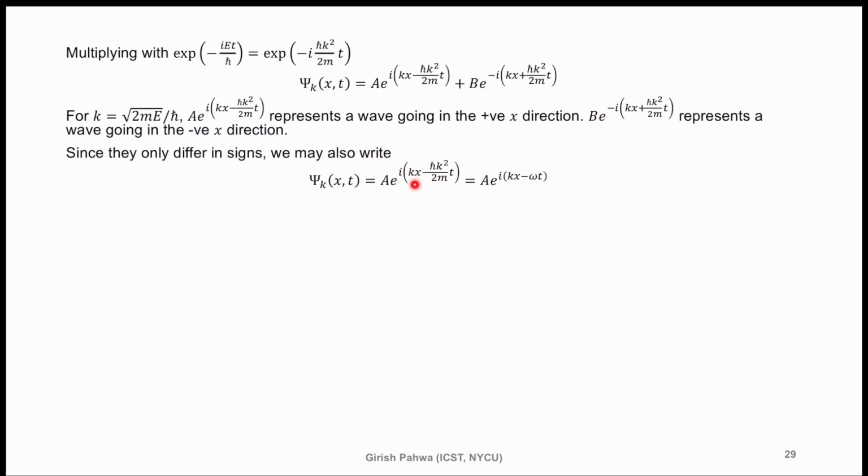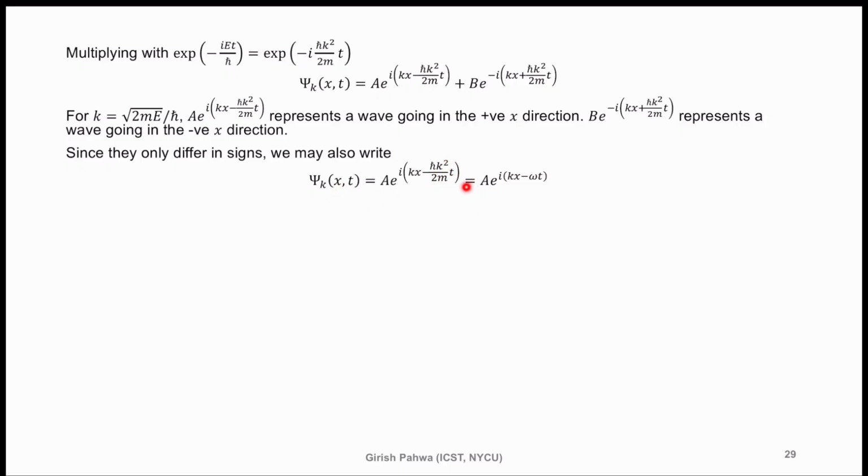If k is positive, that behaves like this. So you have compacted both of the scenarios, minus as well as plus, in the same thing. Even if you keep on using the earlier form, you will reach the same solution, but this is more compact and easier to understand, so I'm just writing this.